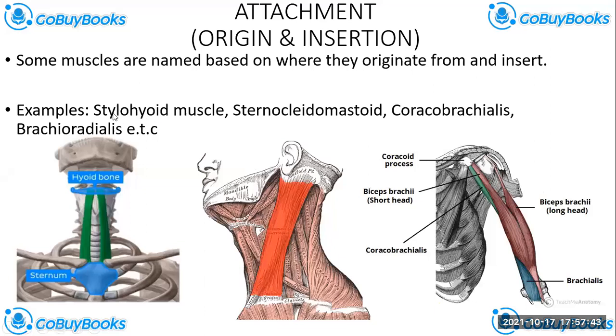Stylohyoid. That means stylo is from one word, hyoid is from another word. You can see this, sternocleidomastoid. The letter O is from one word, cleid is from another word, mastoid is another word. So the letter O is like when you are using 'and'. You can see this too, coracobrachialis.